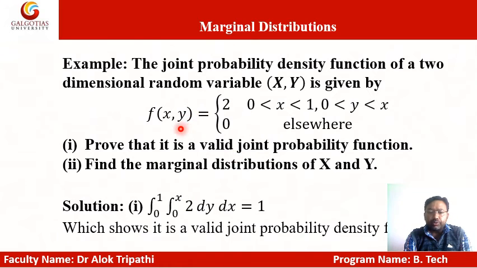I already told you, if this is a valid joint probability density function, then if we integrate this function in the given range, x lying between 0 to 1 and y from 0 to x, this will give you the value 1. But since the value of y depends on x, we have to see this region first.